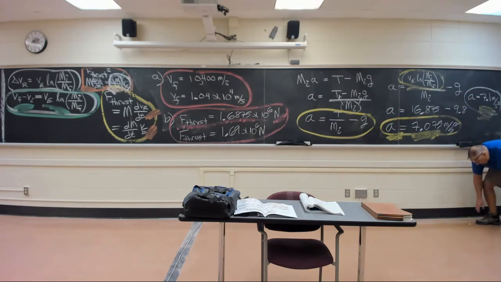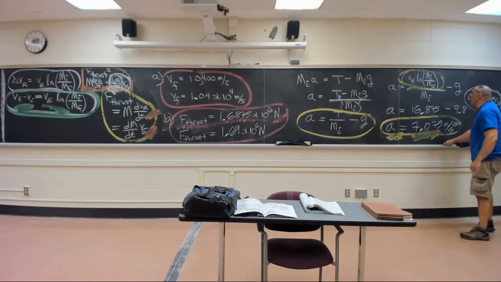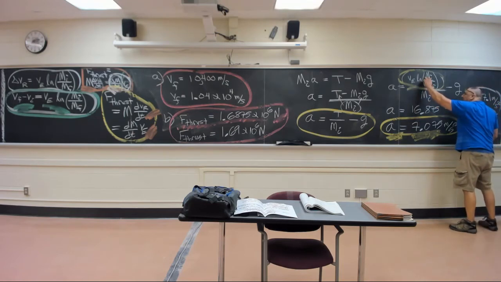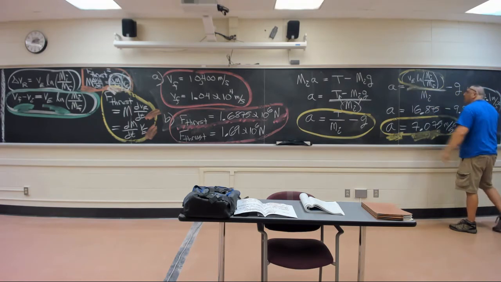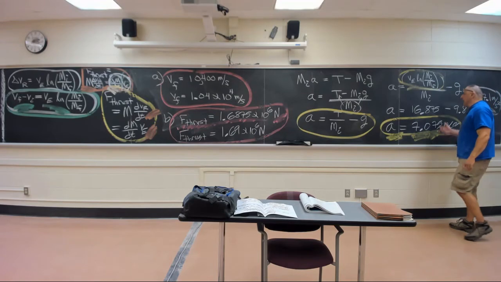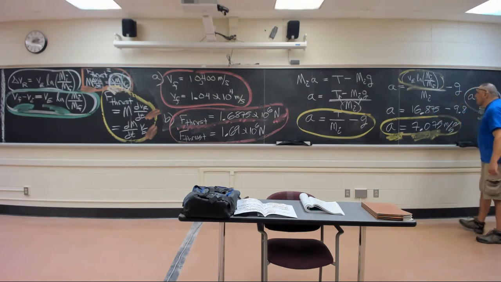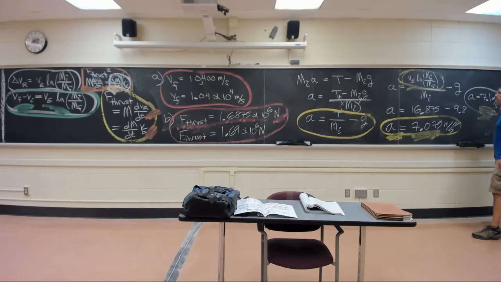Absolutely. Yeah, if you have 100,000 here and 10,000 here, 100,000 kilograms divided by 10,000 kilograms is 10. ln of 10 times 4,500, get an answer, then divide that by the initial, which is 100,000.